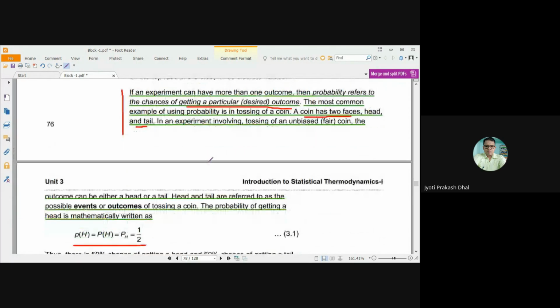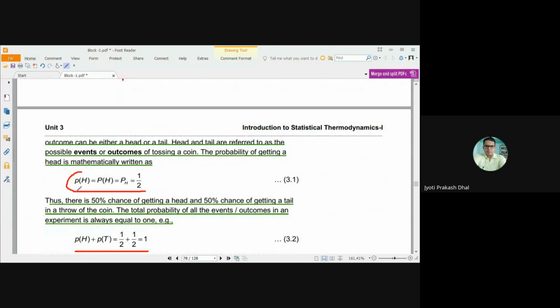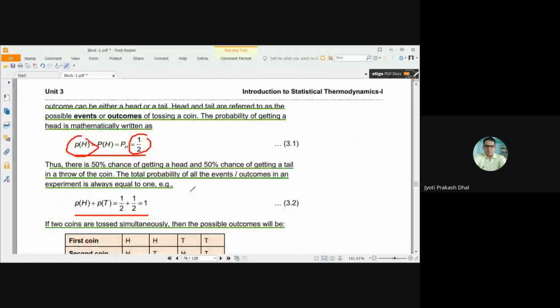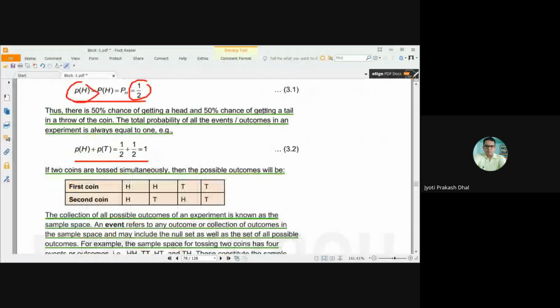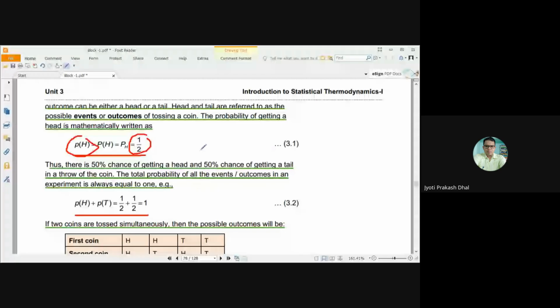So consider the experiment of tossing an unbiased coin. If we toss one coin, the probability of getting head equals 1 by 2. That is a 50% chance of getting a head, and similarly a 50% chance of getting a tail in a throw of a coin.